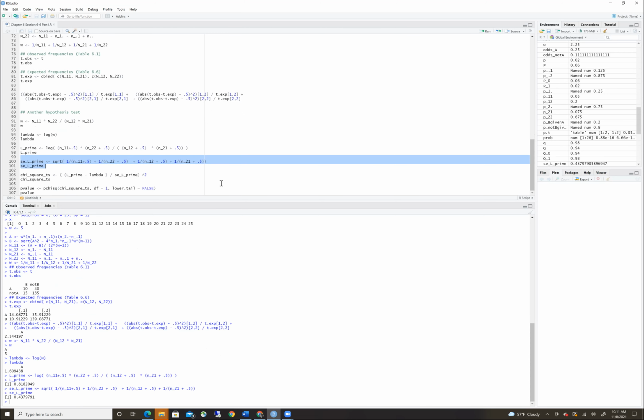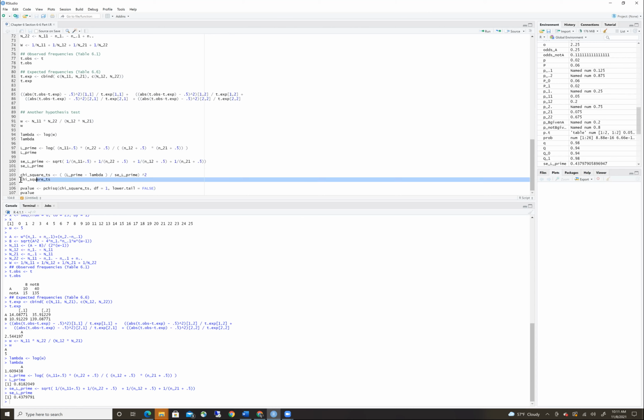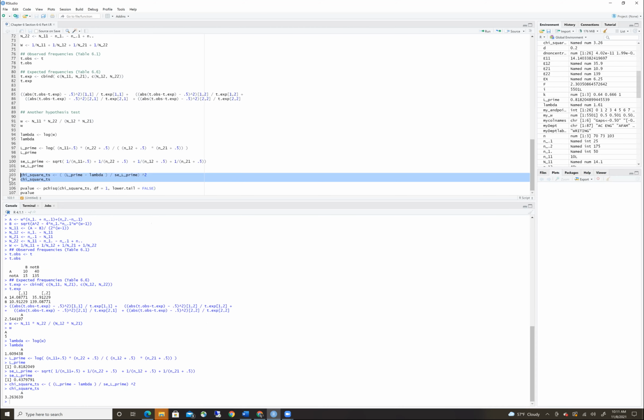All right, so for the chi-square test statistic, we're going to take the observed minus the expected divided by the standard error, and we're going to square it, because essentially here we're looking at a z-score, and then we're taking that z-score, we're squaring it, so we know that it's part of the chi-square distribution. So we're taking our observed L prime minus lambda divided by the standard error of our statistic L prime, and we're squaring it. So our chi-square test statistic in this case is 3.26.